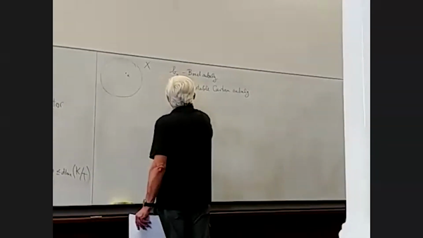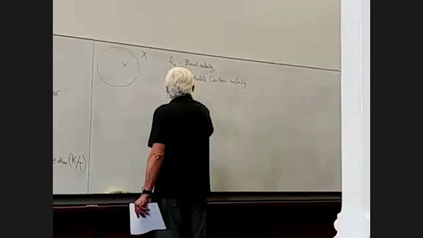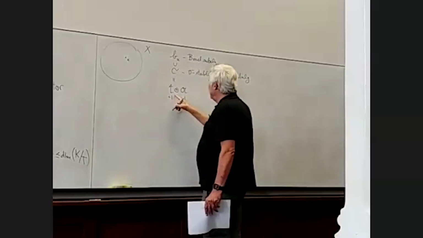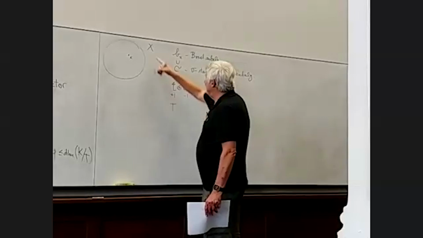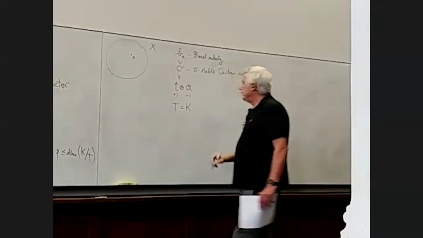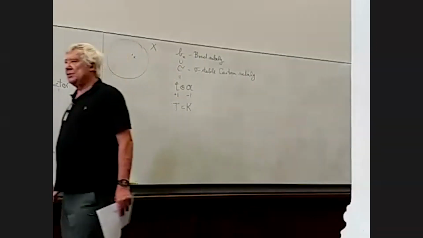It is a sum of the eigenspace plus 1 and eigenspace minus 1, and to this t we attach the subgroup, the centralizer of t in K, and we get our T. T is abelian.